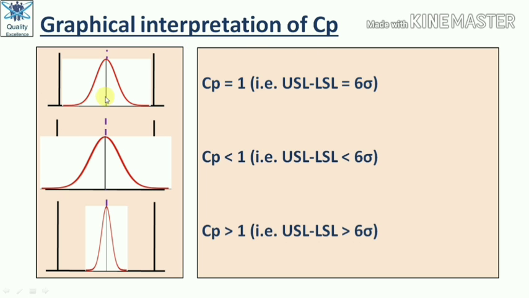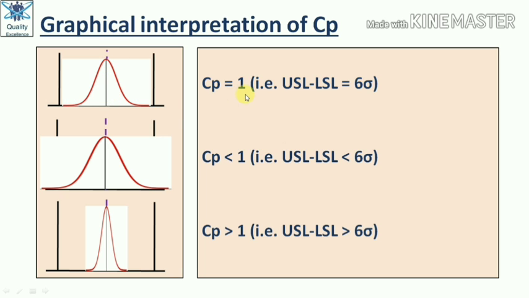You can see here the width of process and width of customer voice is same, right? Means USL minus LSL and this are same. What does it mean? If numerator and denominator are same, then CP will be 1. So with the help of a sketch only we will be able to know the value of CP.